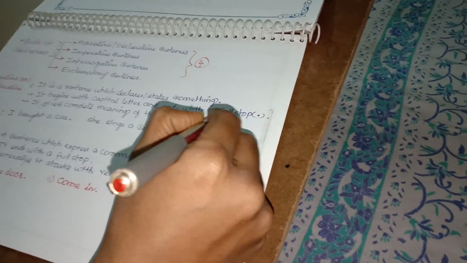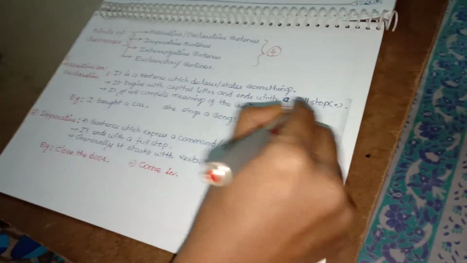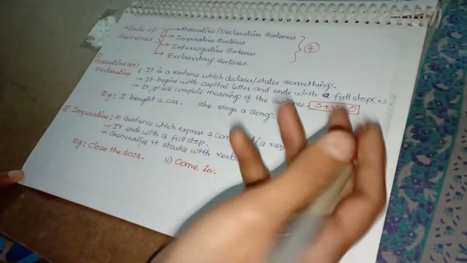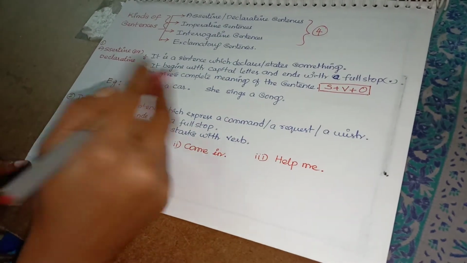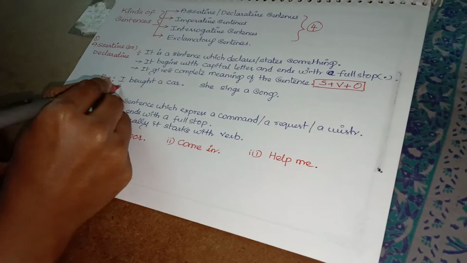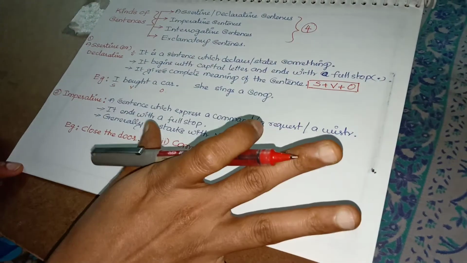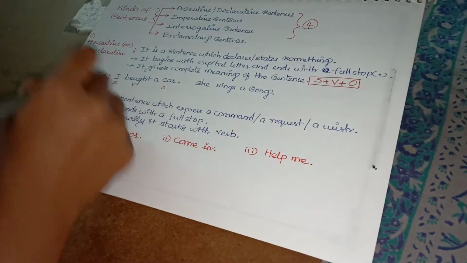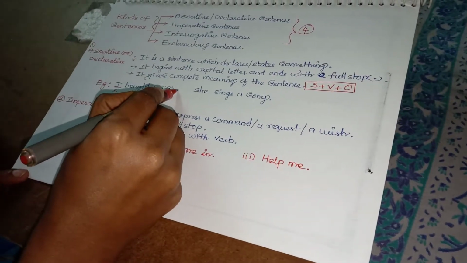It consists of subject, verb and object. It has these three, and that gives the complete meaning of the sentence. Here I have given some examples. I bought a car. Here the subject is there, the verb is there, the object is there. It fulfills all the components of a sentence, and it started with a capital and stopped with a full stop.